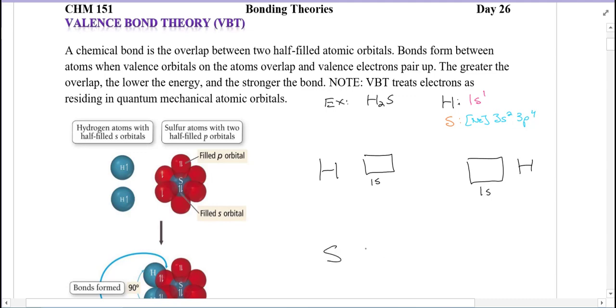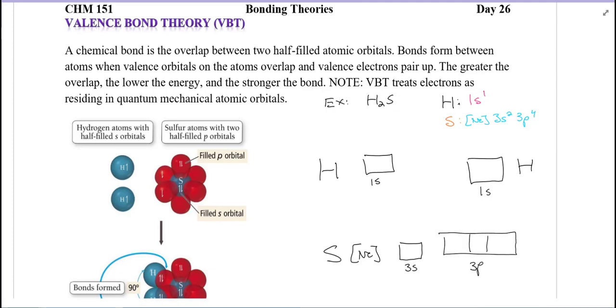Sulfur will have its neon core, and then, of course, the 3s and 3p. Electrons in hydrogen, 1s and 1s. Sulfur, up, down, 1, 2, 3, 4.